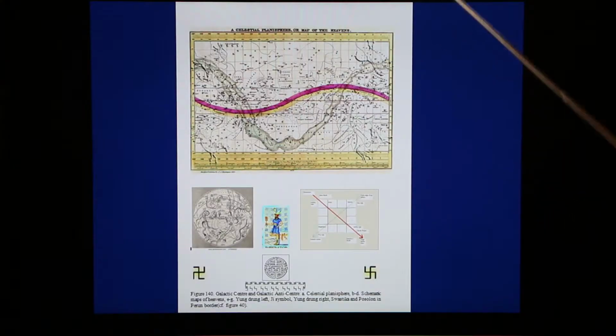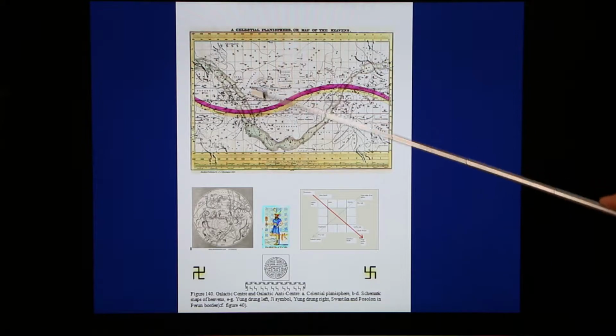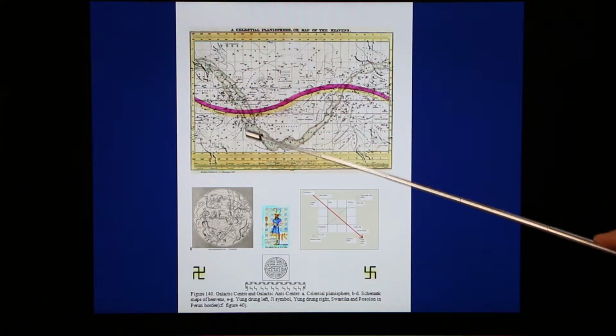But this is a much bigger story. So if we look at the sky as a whole, we see the Milky Way, which we all know. But most of us are not aware that the Milky Way isn't just a straight river. It's a river that splits in two and has an island here.